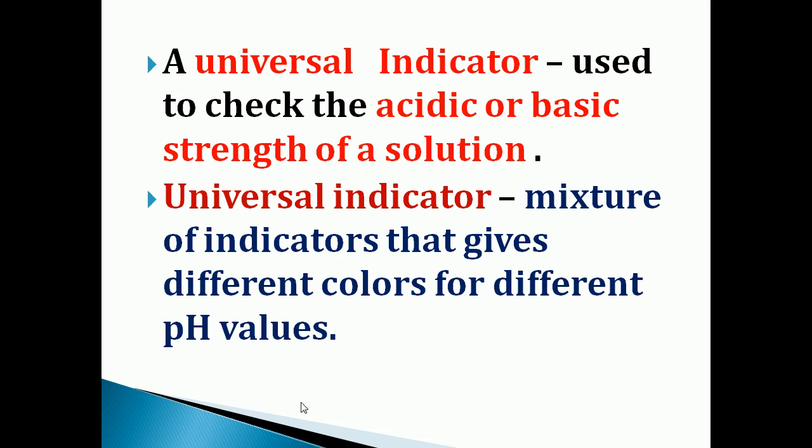We know the pH values range from 0 to 14, and the universal indicator gives different colors for different pH values.